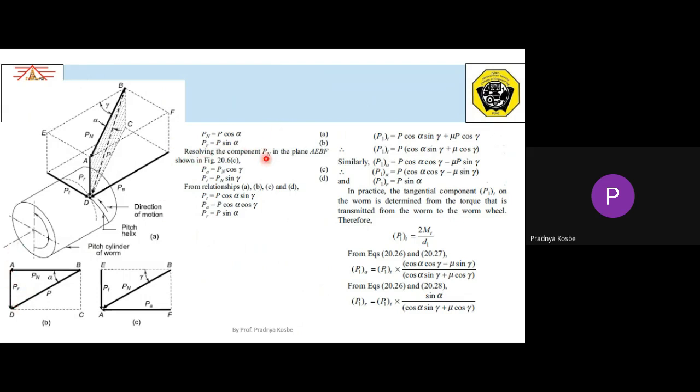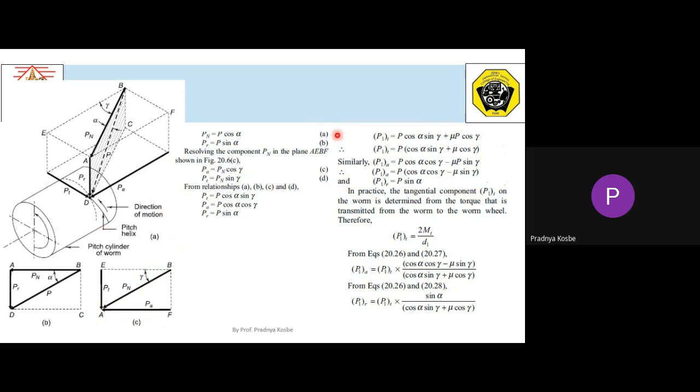Resolving the component Pn in the plane EBF, then we can say Pa is equal to Pn cos gamma, and Pt is equal to Pn sin gamma.